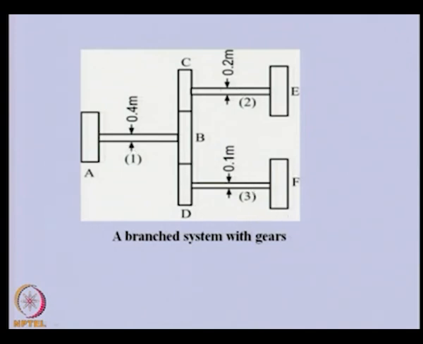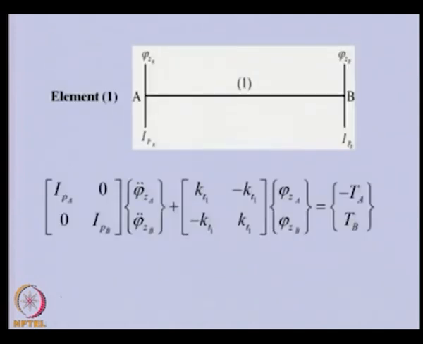We can write the elemental equation for each of them, and then assemble them for applying the boundary conditions. So let us see the first element, which is branch A. Here we have one flywheel, and this corresponds to the gear. So the torsional elemental equation we developed will be valid for this.